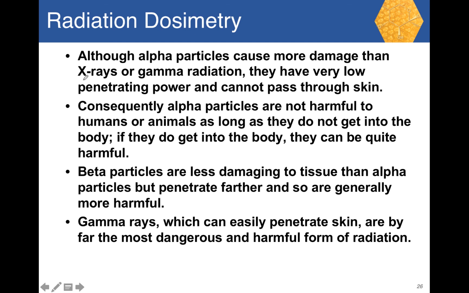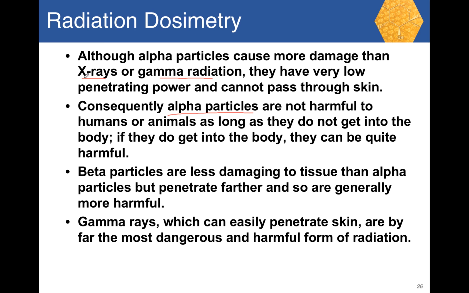Some other basic information here is that with particles such as the X-ray and gamma radiation, a lot of times we're asking if they are dangerous. The alpha particle is not harmful to humans because it does not penetrate the skin.